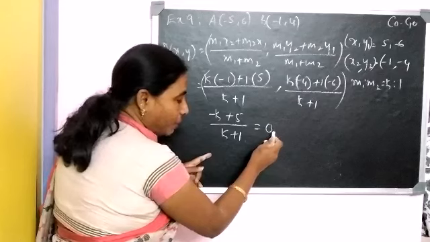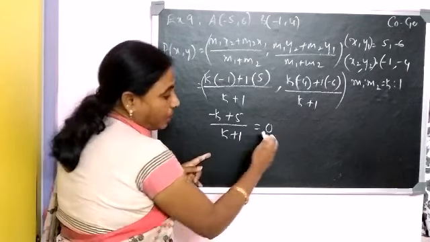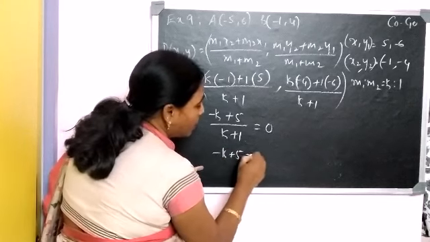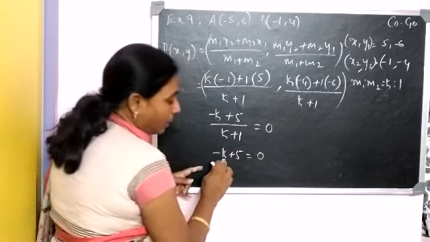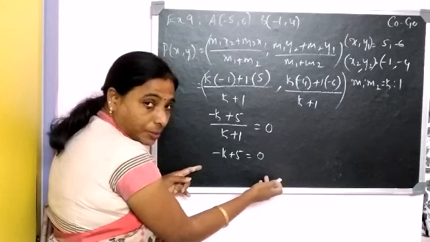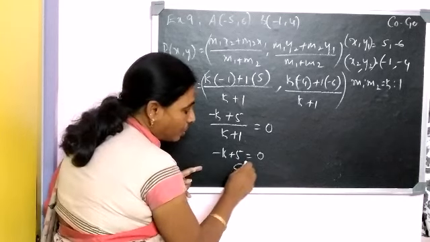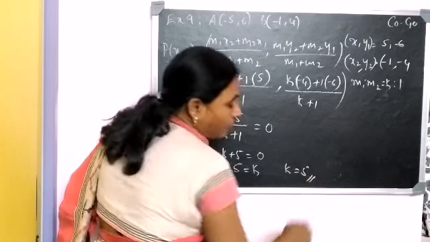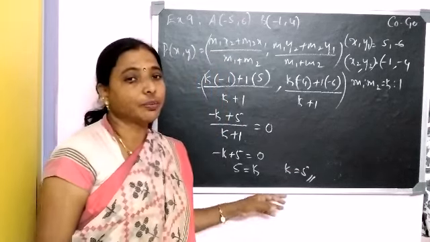Now k plus 1, when it goes to the other side, becomes 0. When it multiplies with 0, it becomes 0. Therefore minus k plus 5 is equal to 0. You take minus k to the other side, it becomes plus k. That means k is equal to 5. Therefore the value of k here is 5.